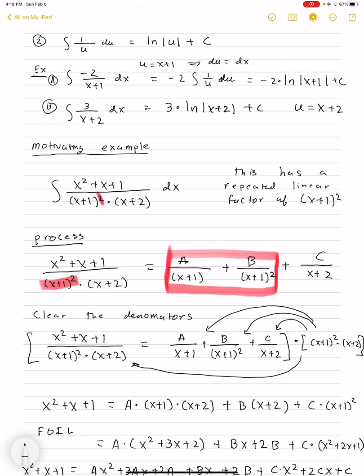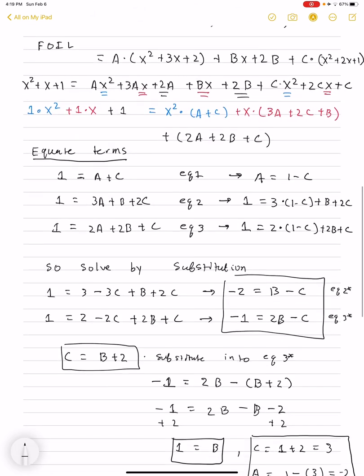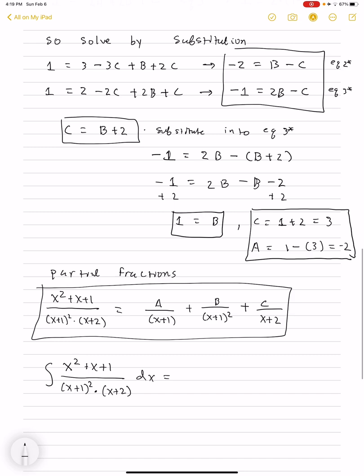Well, we've now determined a, b, and c, and let's plug that in. So I rewrote that down here. Here's a, b, and c. Let's rewrite that, and I'm going to erase a, b, and c and put the appropriate constants.